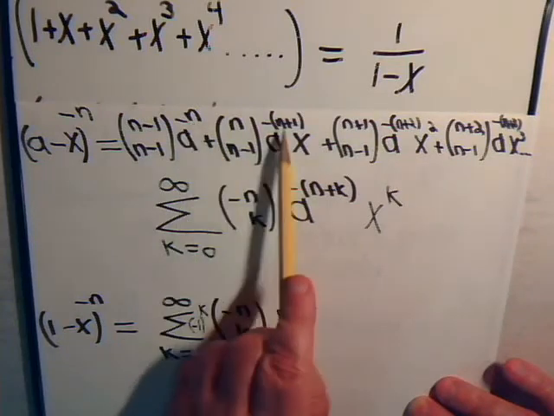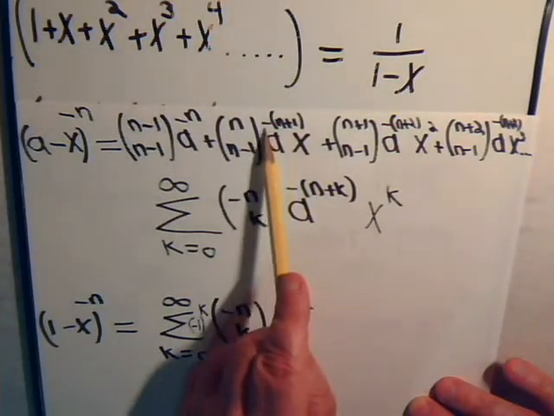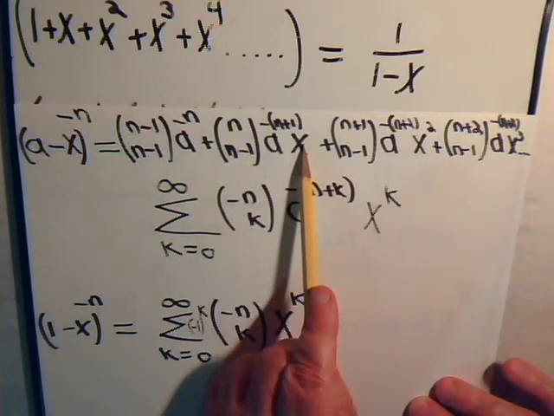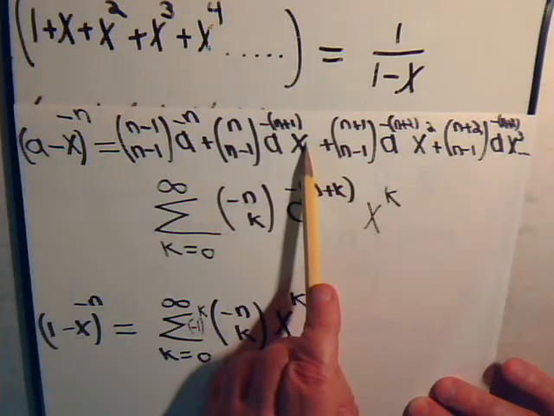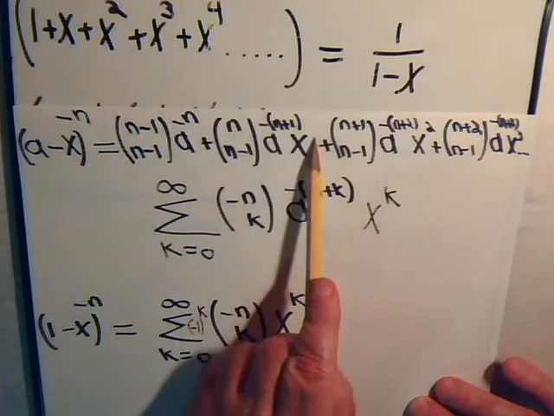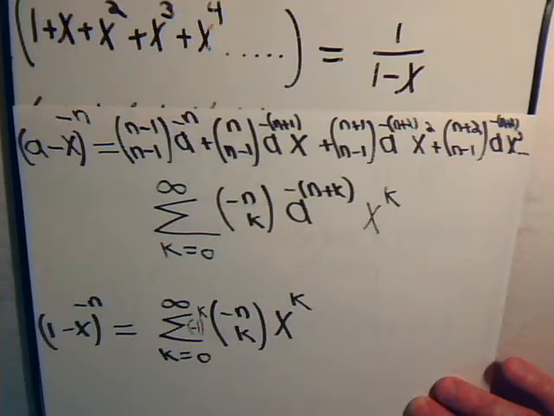The exponent here decreases by 1, so you have minus n minus 1, which you write as minus n plus 1, x to the first power. Now the exponent for the term x continues to increase by 1. So as we go through the series, we add 1 to this, add 1 to this exponent, and subtract 1 from this exponent.